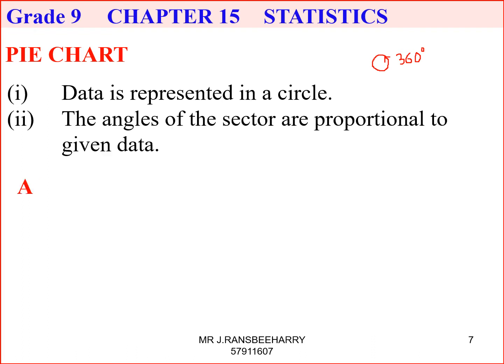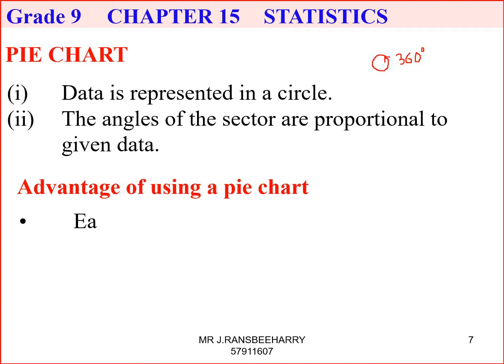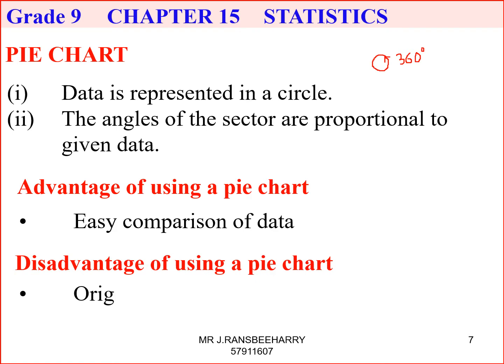So the angles of the sectors are proportional to the data given. The advantage of using a pie chart is easy comparison, so we can compare easily. The disadvantage of using a pie chart is that the original data is lost. So we do not have the original data from the pie chart.